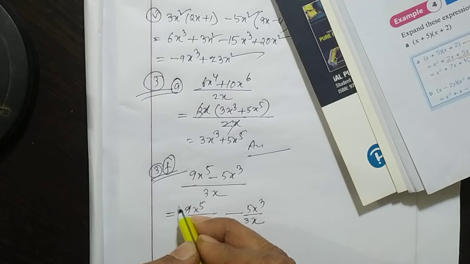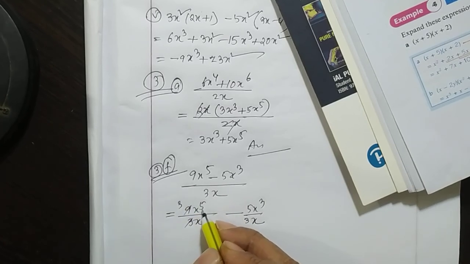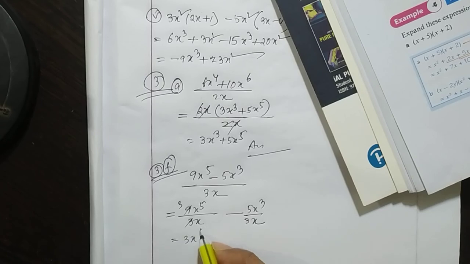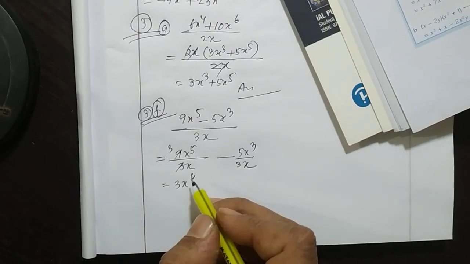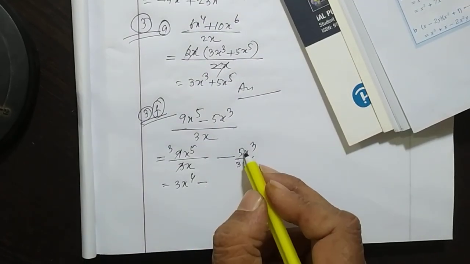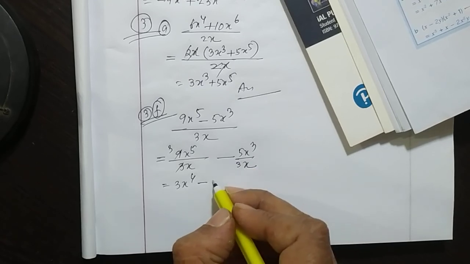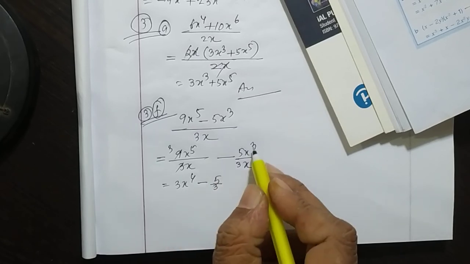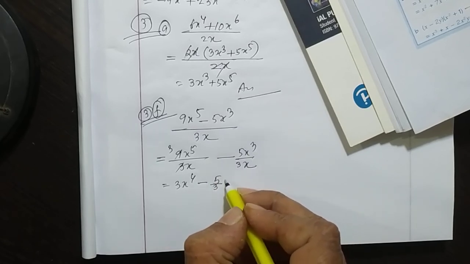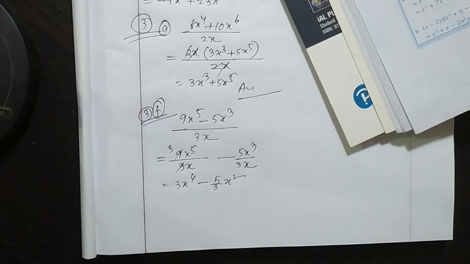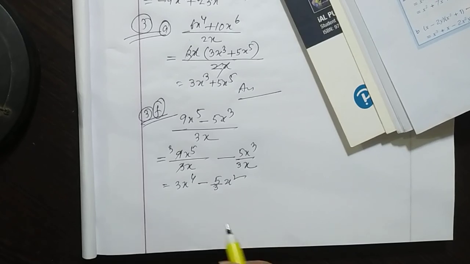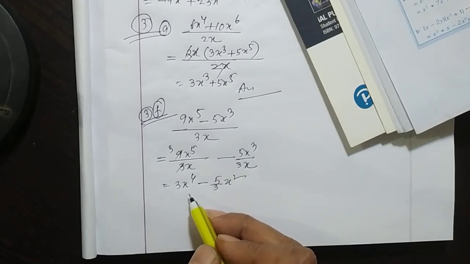So 3 goes to 9, that is 3. X to the power of 5 divided by x, it will be x to the power of 4, minus 5 cannot be divided by 3. So there will be a fraction here, 5 by 3, x cube divided by x, that is x square. So this term will remain here.